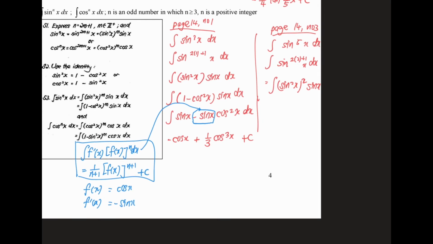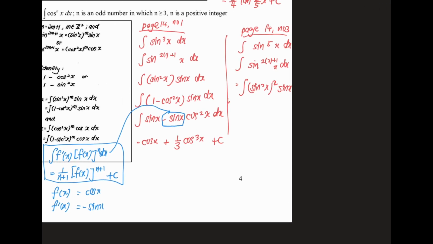If I have power 5, how do we handle it? Similarly, for the sine square, we use the identity 1 minus cos square. Then we expand it: 1 minus 2 cos square x plus cos power 4 x, sine x dx.